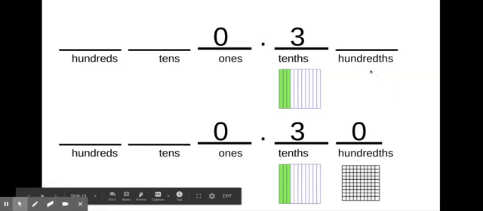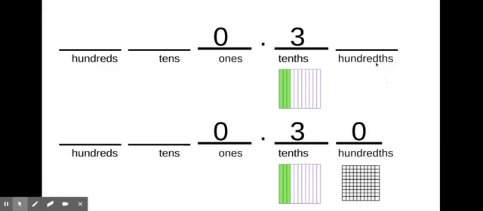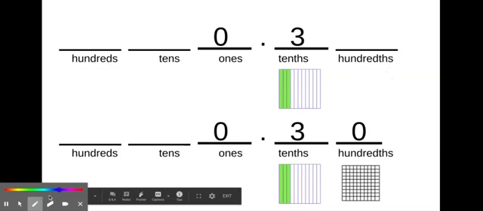Would this first decimal have any hundredths colored in either? I can see that there's nothing in that hundredths place, and that would mean that there are no hundredths colored in on its chart either. Because there are no hundredths, we could also just say that there are 0.